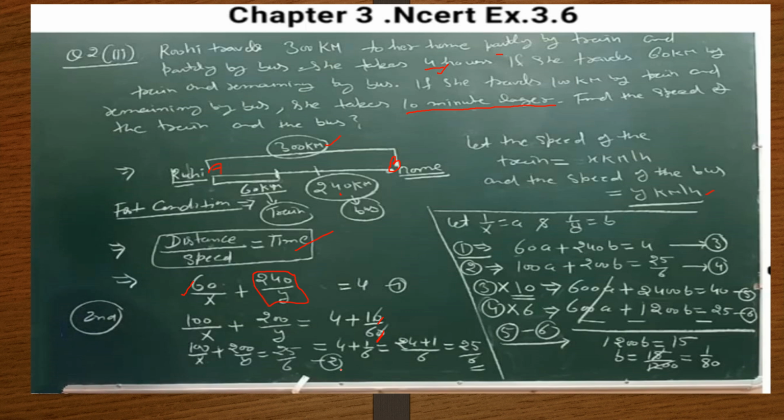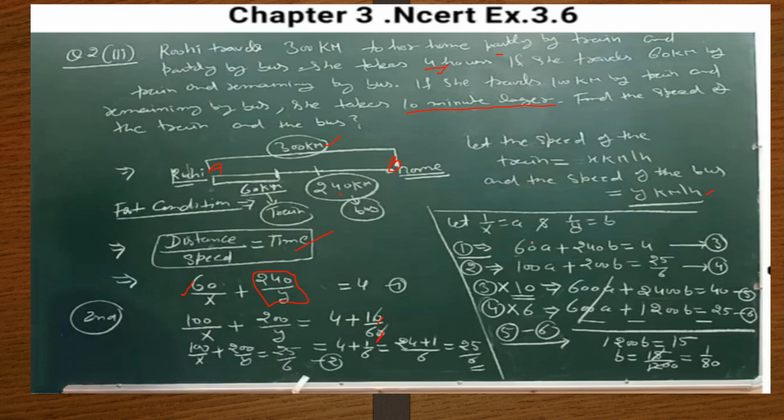This is the second equation. Students, now again we need to suppose one thing, that 1 by x is equal to a. 100 by x can be written as 100 into 1 by x. Is it clear? And 60 by x can be written as 60 into 1 by x.